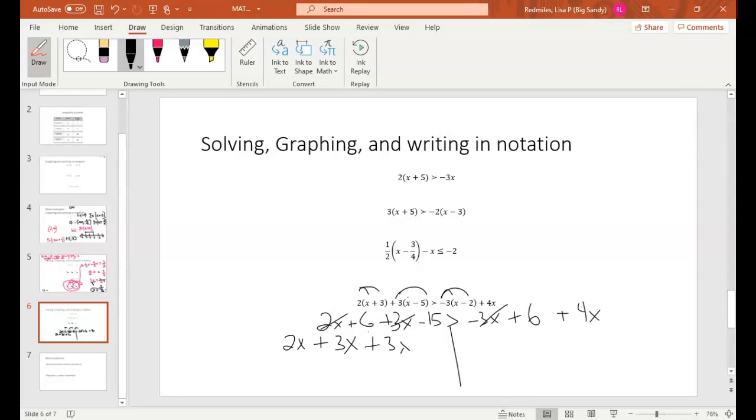And the plus 4x is a minus 4x and moves to the left also. And then we need to get the numbers to the right, the numbers that are by themselves. So positive 6 becomes a negative 6 because it's switching sides. Minus 15 becomes plus 15 because it's switching sides. But this 6 up here just comes down like it is.